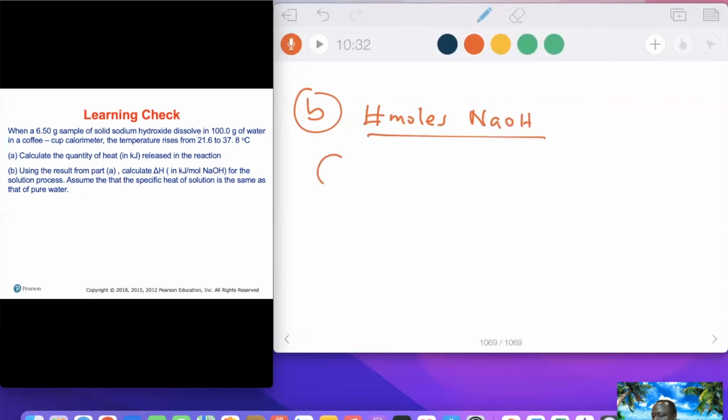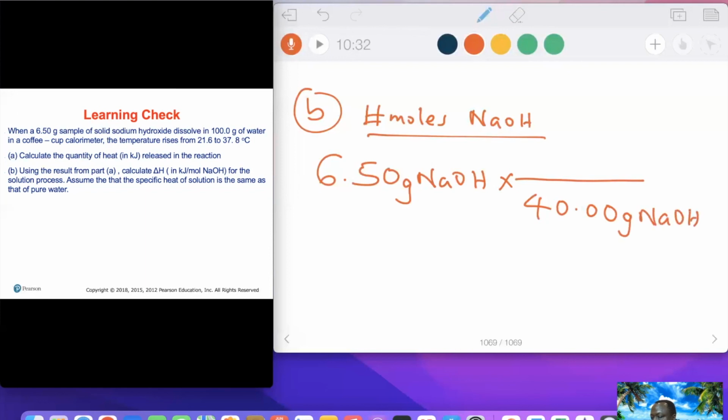You have to convert, first of all, the grams of NaOH to moles using the molar mass as a conversion factor. Please use the periodic table to find the molar mass. Grams and grams will go away, and we have 0.1625 moles of NaOH.